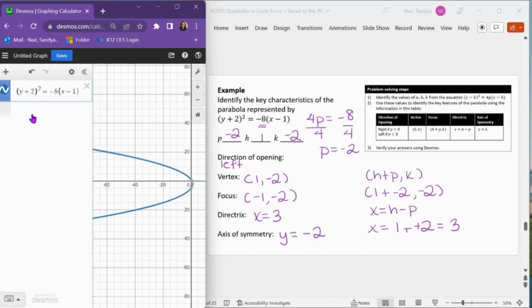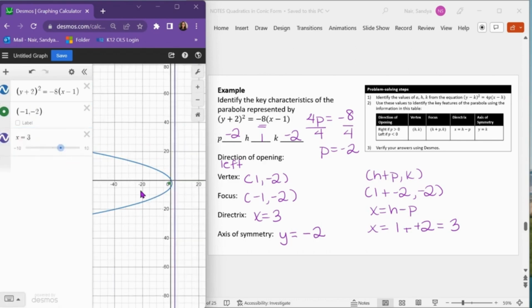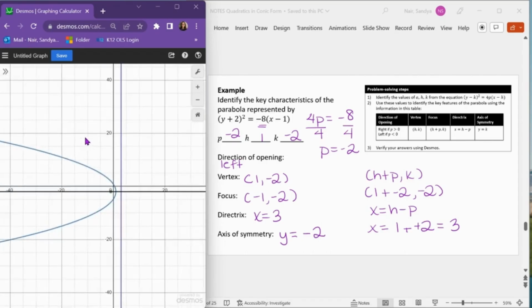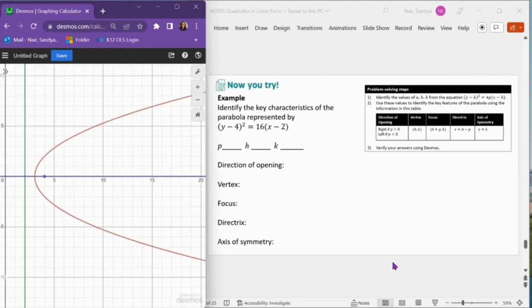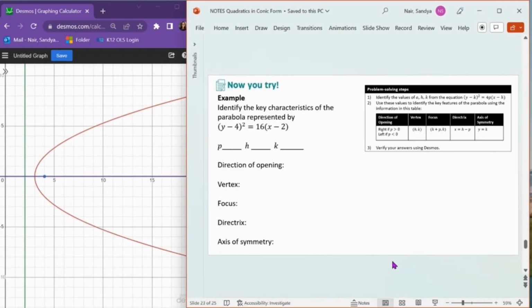The focus will be at (-1, -2). And then if we draw in the directrix, we have x equals 3, and you can see that is on the outside of my parabola. If I write in the axis of symmetry, y equals -2, you can see that we now have all of our information. So now you can go ahead and pause the video and try doing this example on your own.